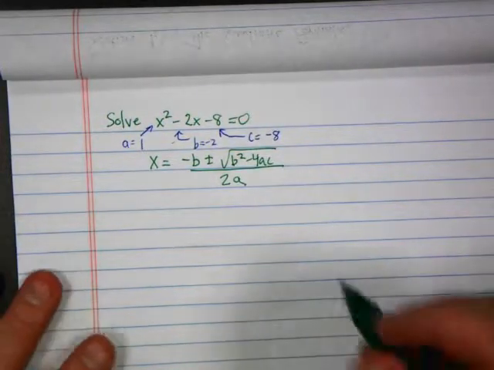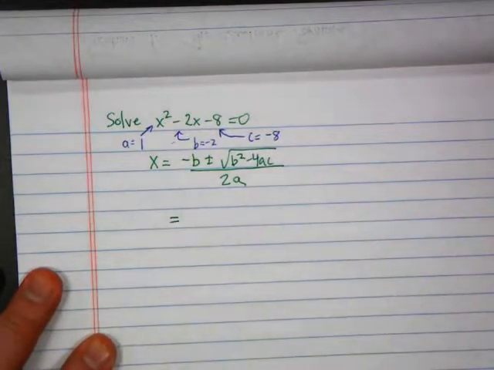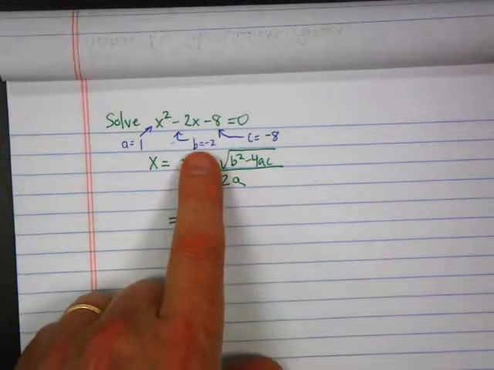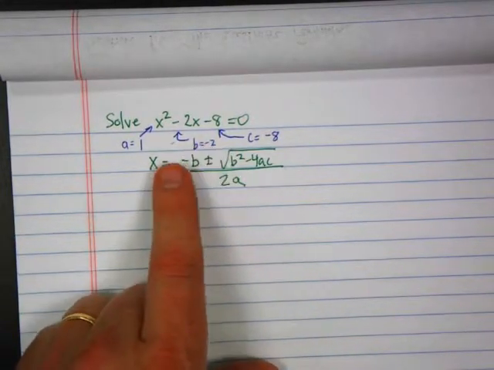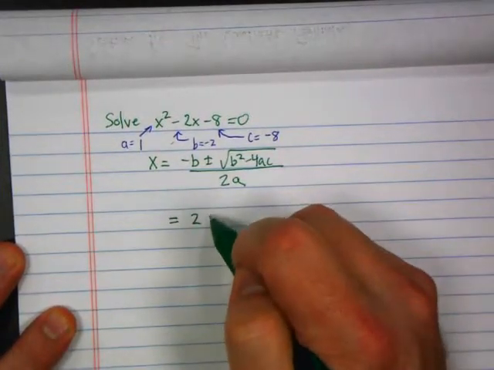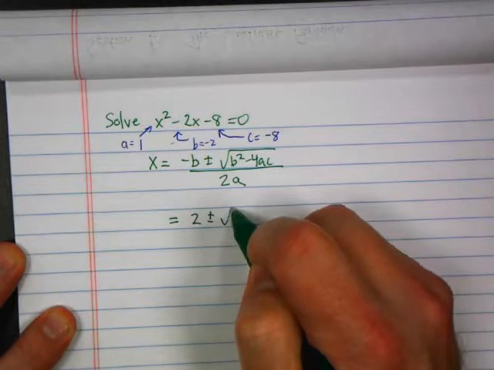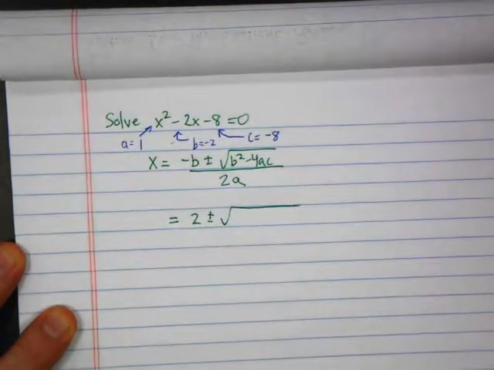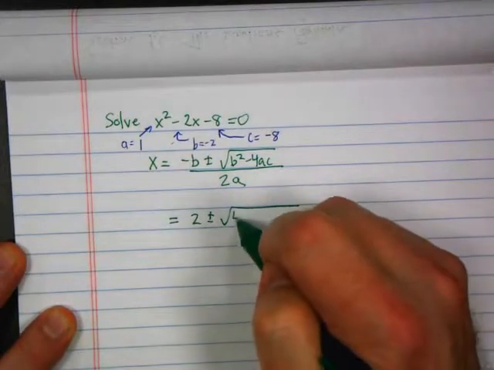All right, so our answer would be, what's negative b? B is already negative 2, so another negative is going to make that positive 2. 2 plus or minus the square root of, what's b squared? 4, because negative 2 times negative 2 is 4.